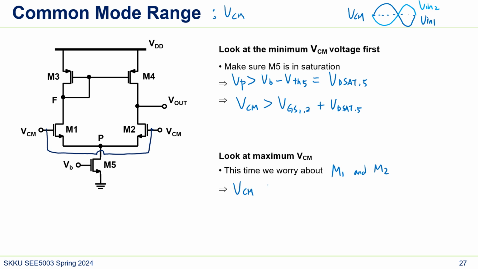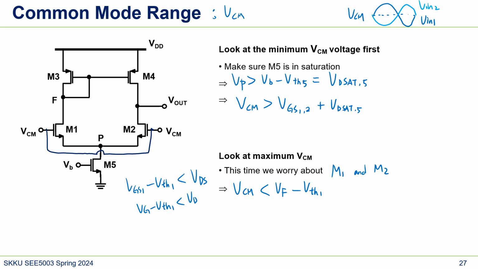VCM shouldn't be larger than this, right? Because the saturation condition would be VGS1 minus VTH1 should be smaller than VDS, which is VG minus VTH1 should be larger than VD.